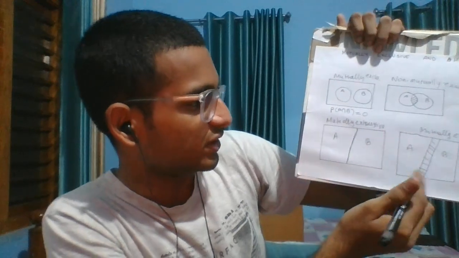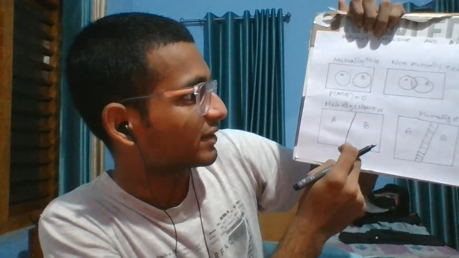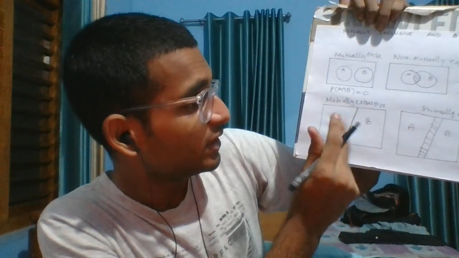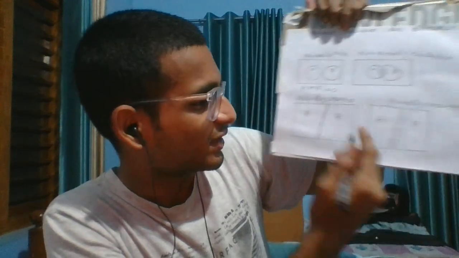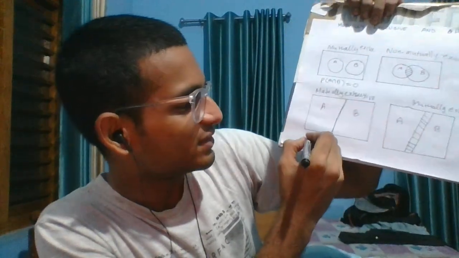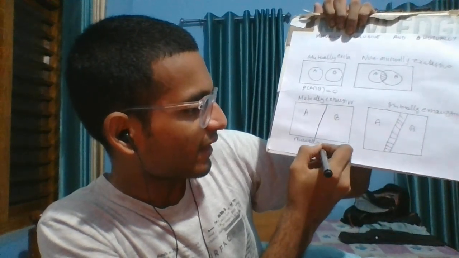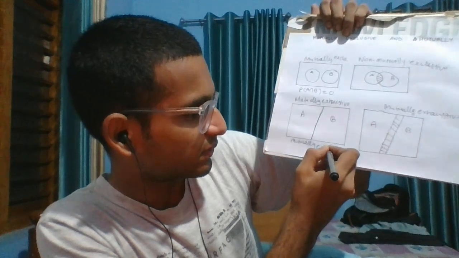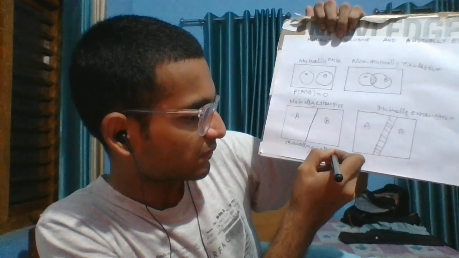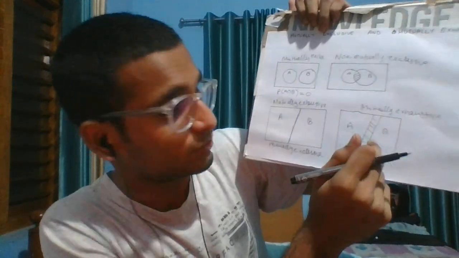This is mutually exclusive because they don't have any intersection, but this one has an intersection. So what can we say? That this is mutually exhaustive and mutually exclusive. But this is mutually exhaustive but not mutually exclusive.